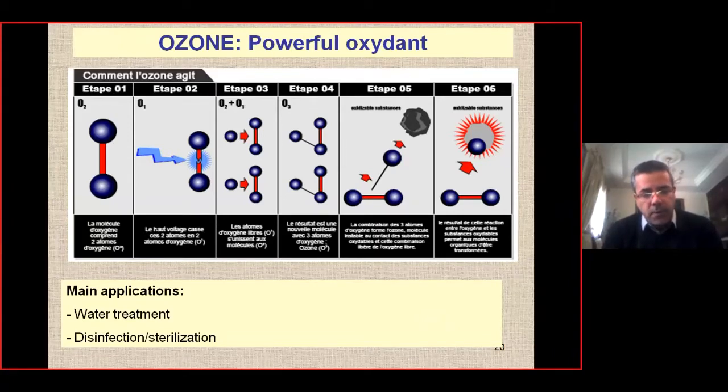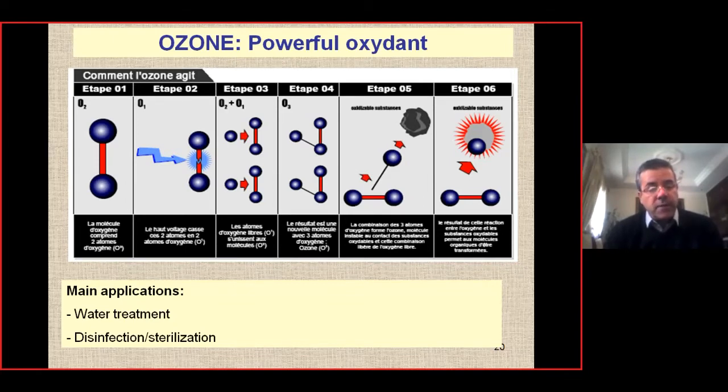It's the fastest oxidizing means to fight against viruses and bacteria. Its main advantage also is that this gas is unstable. After 30 minutes, 1 hour, the ozone is reconverted to oxygen. So there are no byproducts after this disinfection operation.